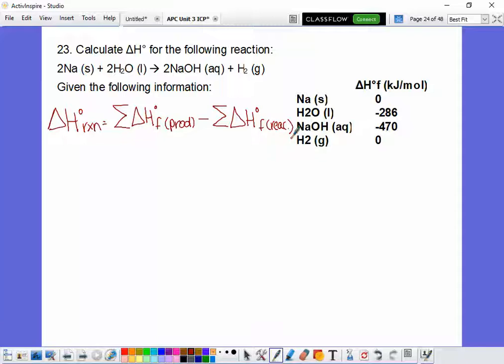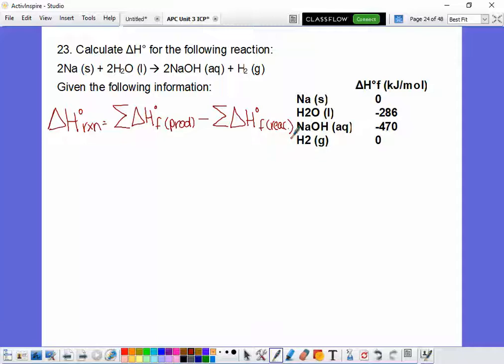Let me tell you this. Diatomic? No, not diatomic, because sodium's not diatomic. If I had sodium in the liquid form in this reaction, it would have a delta HF value associated with it. So it's the natural or standard state of matter at room temperature.